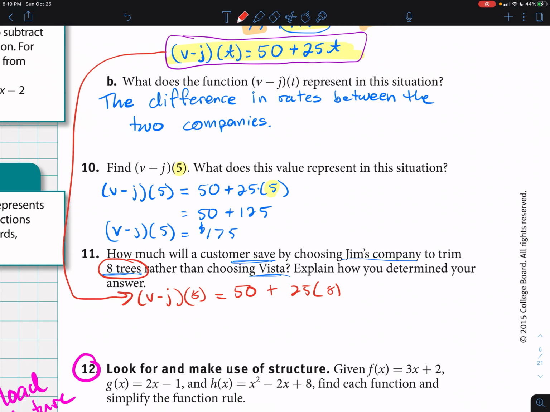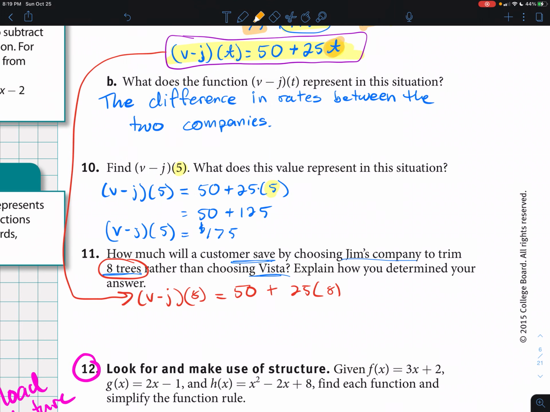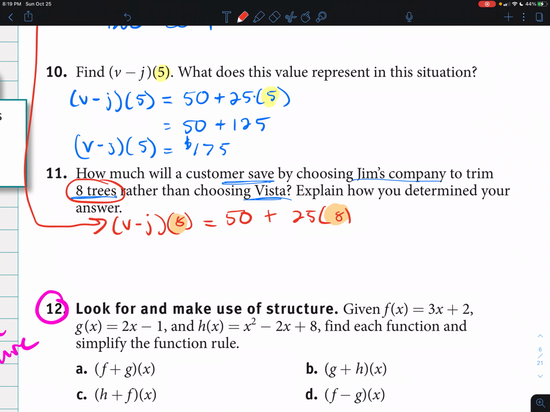I'm just taking 8 and plugging it in because 8 is how many trees we're talking about. So 25 times 8 is going to be 200. Add that together, so the customer would save $250 if they went with Jim's service instead of Vista's. And then explain: we took the 8 and plugged it into the V minus J.